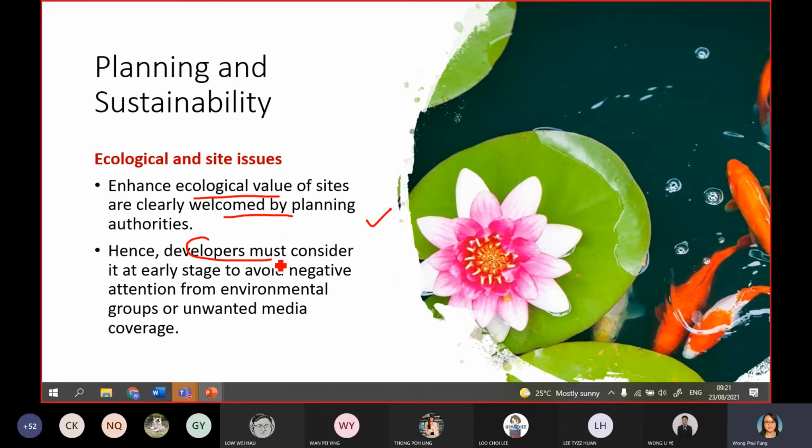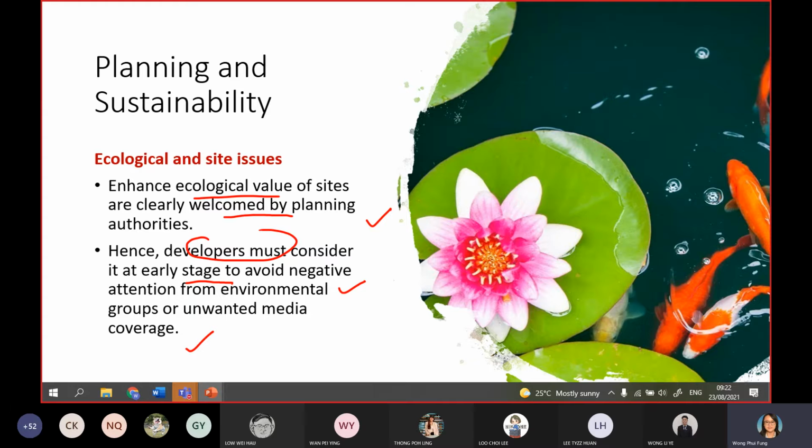Okay, the developer must consider at an early stage to avoid negative attention from the environmental group or unwanted media coverage. You do one good thing, people might remember one day. If you did one bad thing, sorry, I rephrase again. You do hundreds of good things, people will remember one day.